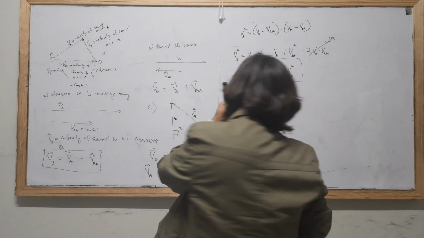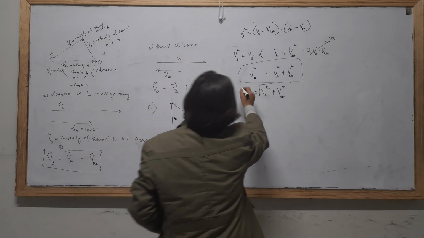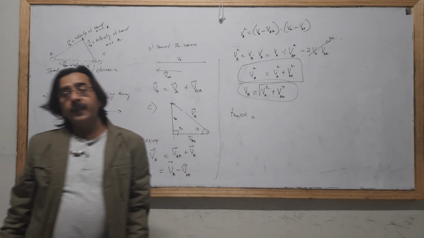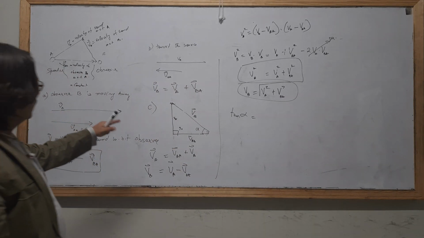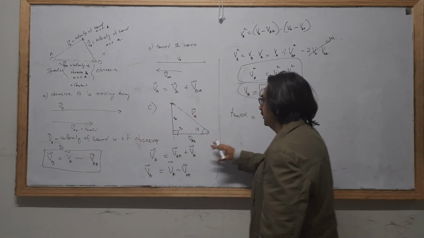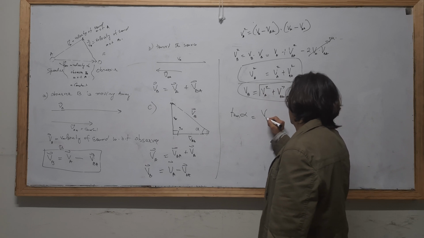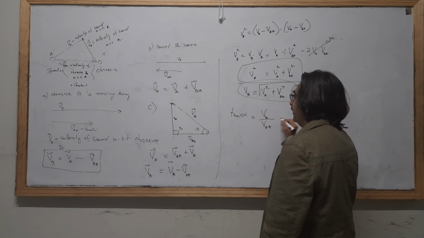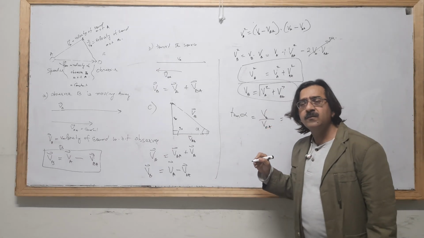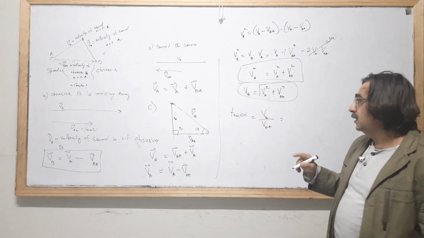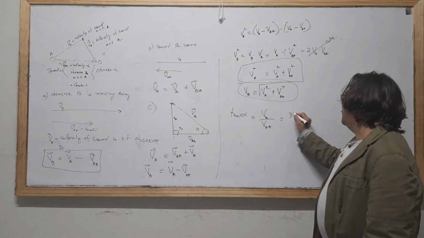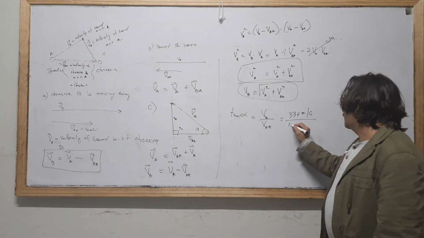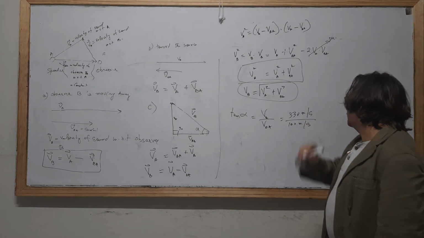So this will be the magnitude, and what will be the tan alpha? Tan alpha will be perpendicular divided by base. We know VA and VBA. VA is the velocity of sound, 330 meter per second, and VBA is 100 meter per second.